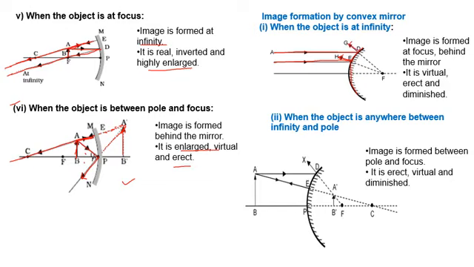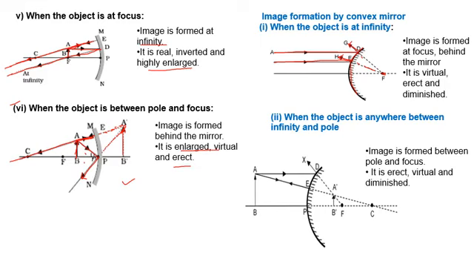We have to extend these rays backward, and if I extend these rays backward, they are going to the focus, because according to the rule, whenever the rays are parallel to the principal axis, they go through the focus after reflection. As you can see here, the rays are not meeting in reality, so the image is virtual. It has to be erect. It is diminished, as we can see here, and it is formed behind the mirror.